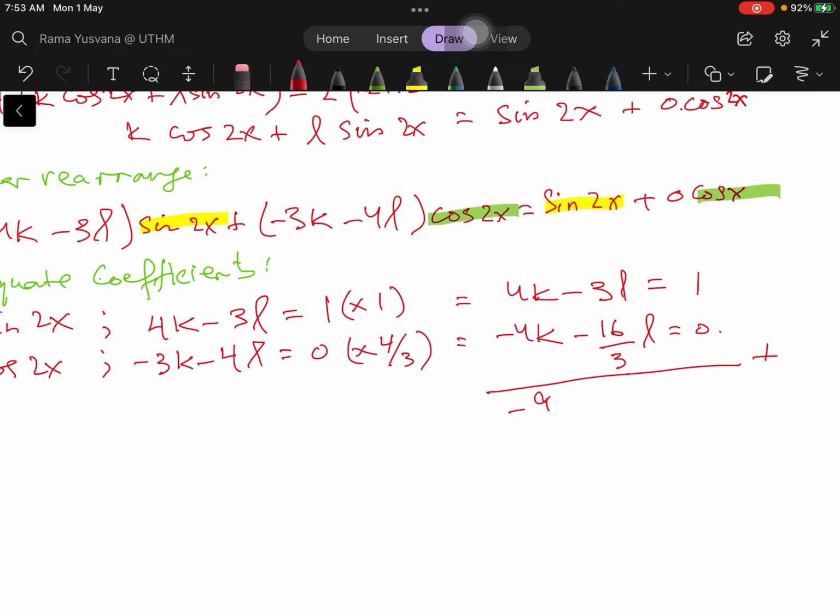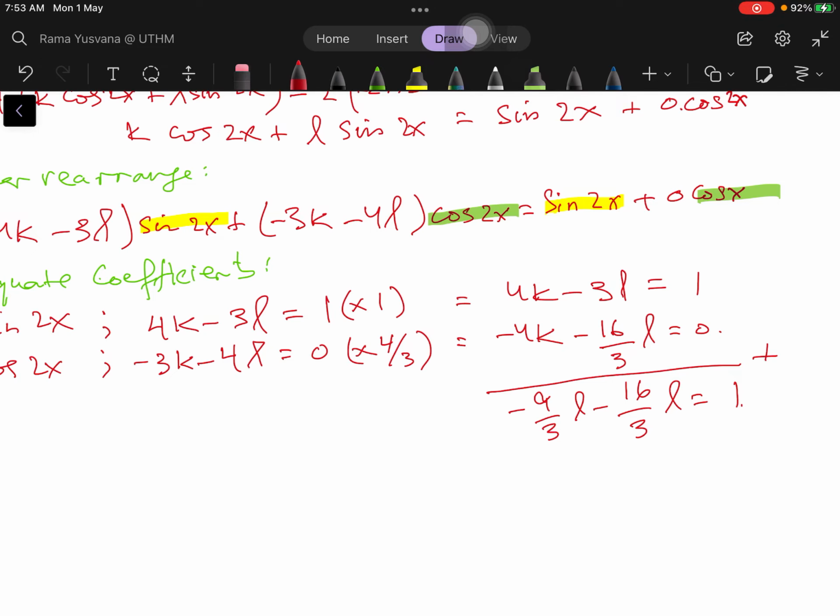I will get negative 9/3 l minus 16/3 l equals 1, because 3 is 9/3.